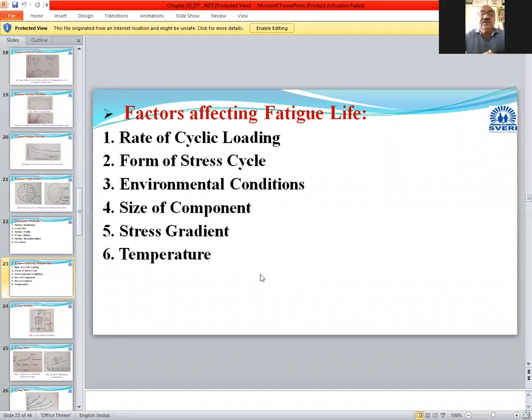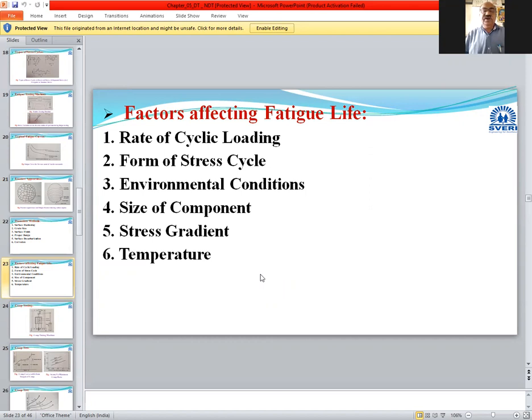This point is more than sufficient, but slightly you have to remember this. It is also not of that much importance from your syllabus point of view. Factors affecting fatigue life: number of cycles, materials, loads, temperature. Just now we have discussed that.